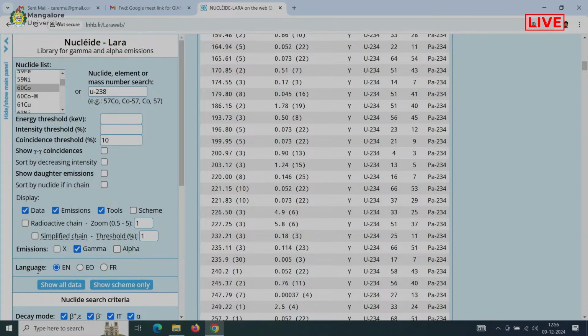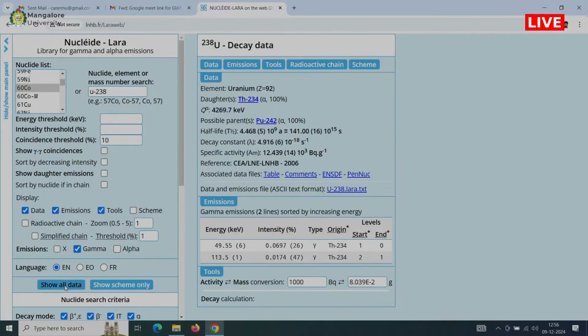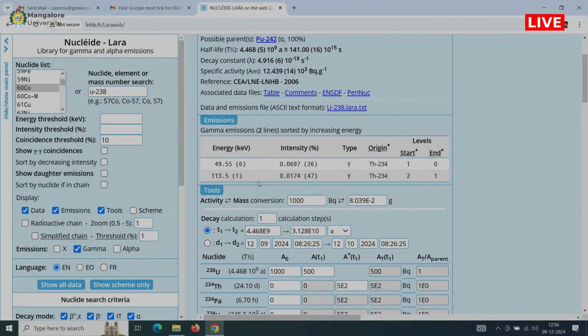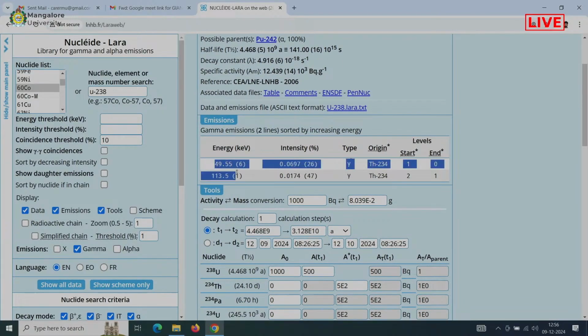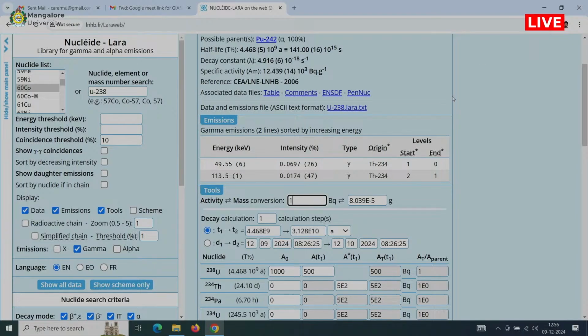Cancel this, so all data. Now, this is uranium data. 2 relevant gammas only. And they are not very relevant, in fact. So we have to analyze them by using daughter nuclides. Let's look at the activity to mass conversion. 1 becquerel refers to 80 micrograms.